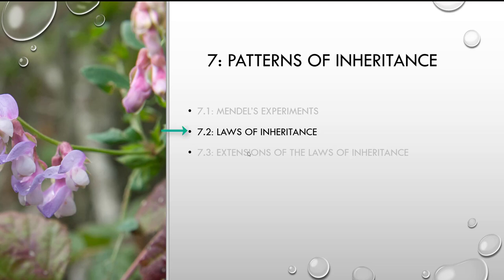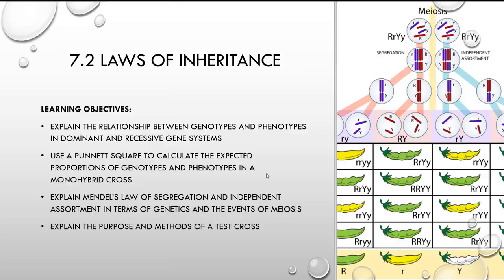We're taking it a step further and applying what we know now about genes and chromosomes to what Mendel learned from his experimentation. So we're kind of putting it all together into the laws of inheritance and understanding how we inherit things from our parents with our genes.